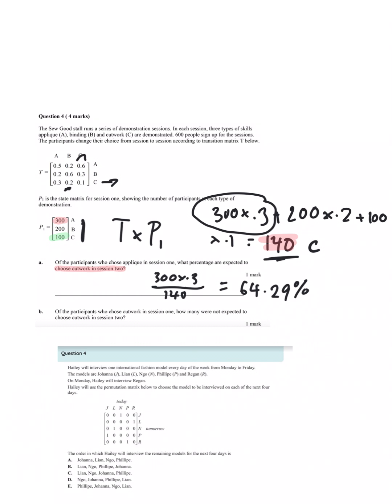So this 60 and 30%, they're the ones who are not choosing cut work. So I'll choose cut work in session 1. I always have to reread this question. Session 1. How many were not expected to choose cut work in session 2?